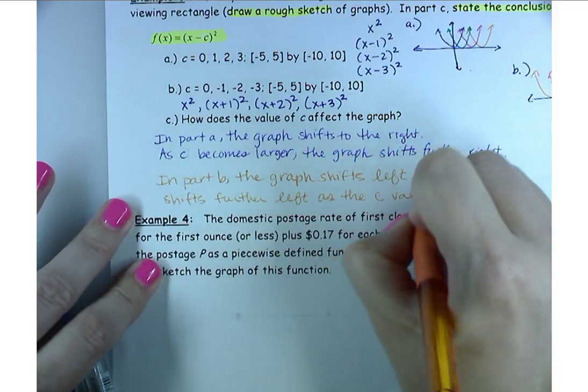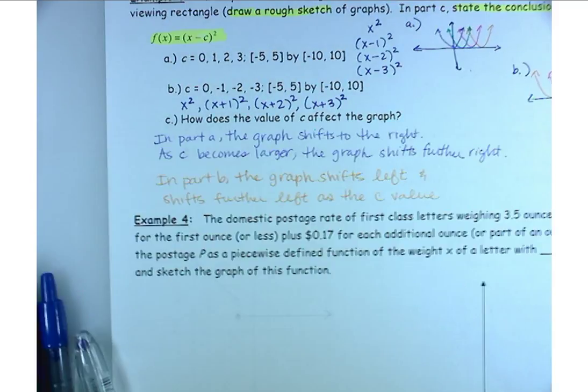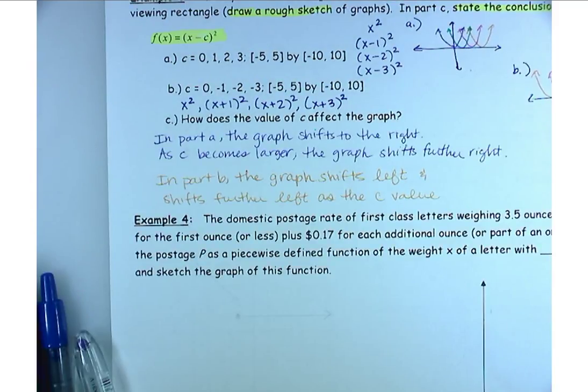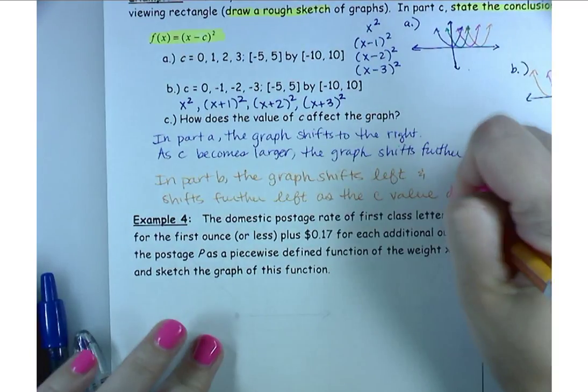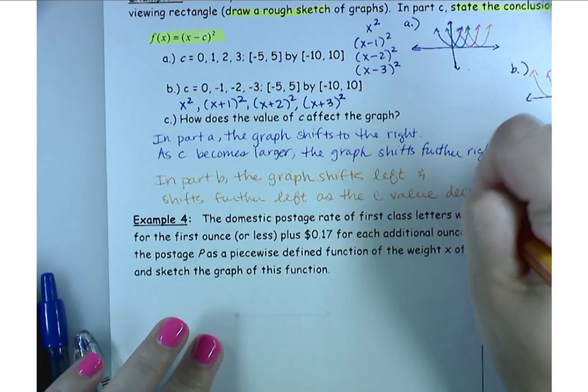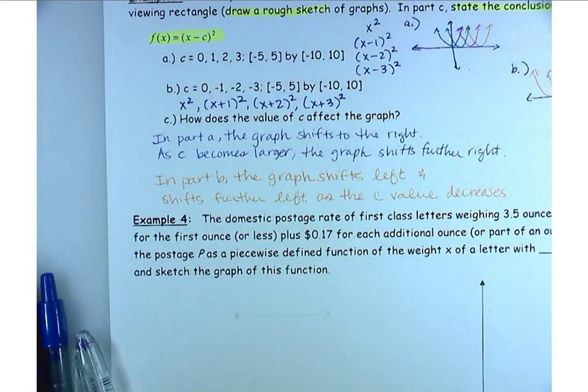What is the C value doing for part B? Getting larger or smaller? Smaller. Getting smaller. So as the C value decreases. Okay, so in part B, the graph shifts left and shifts further left as the C value decreases.